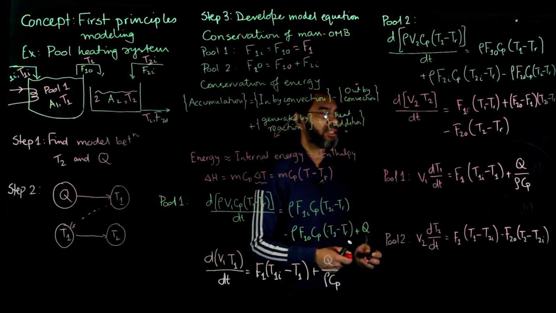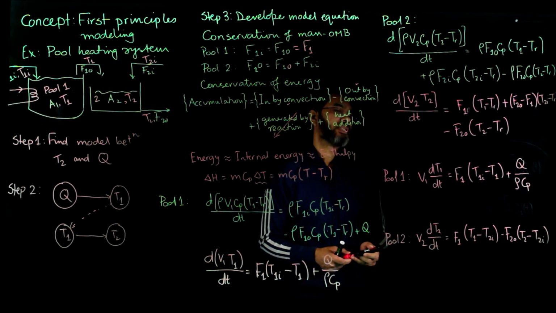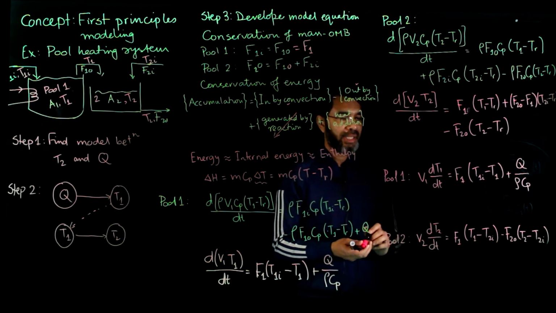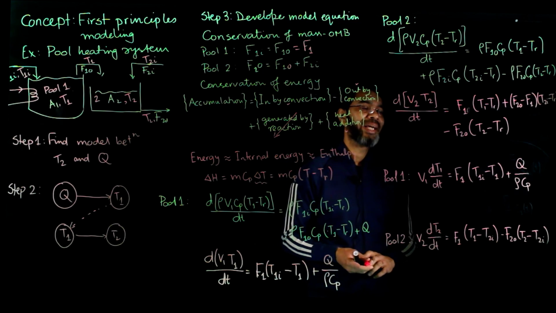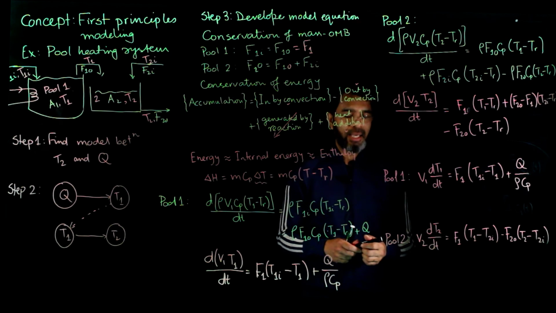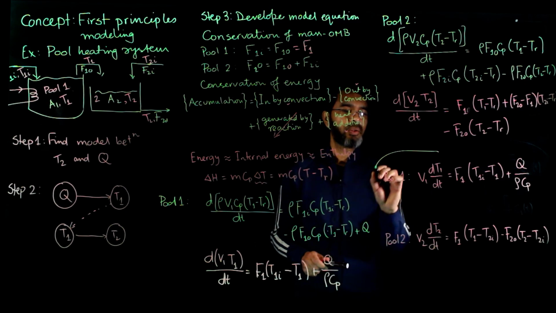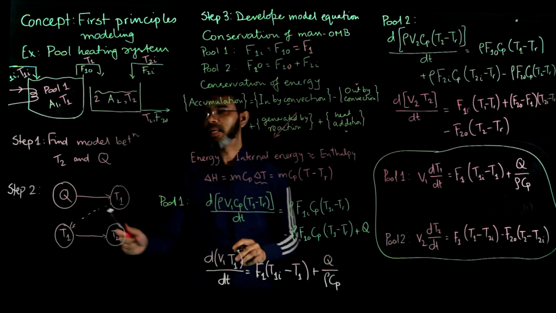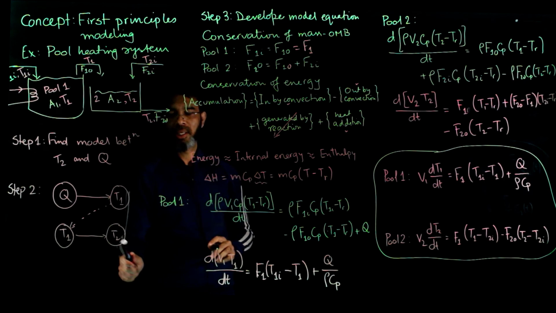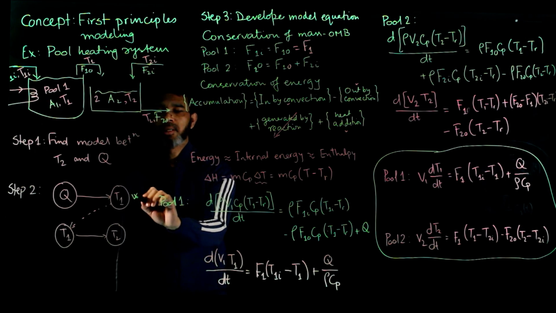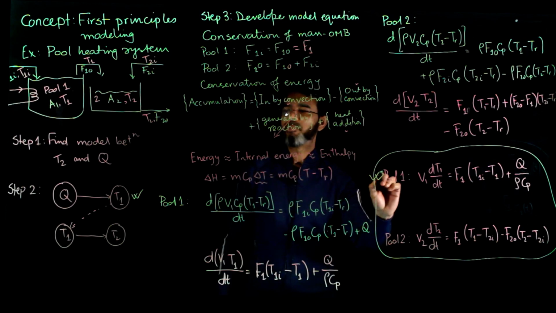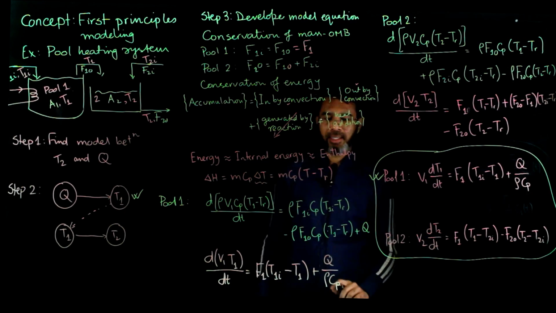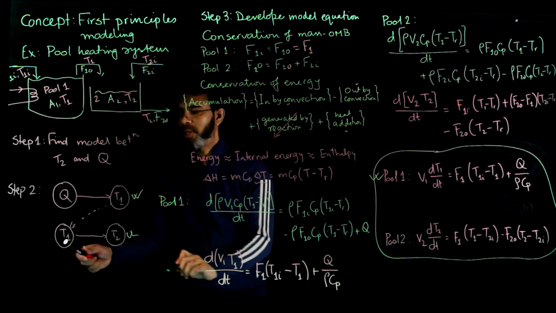So see that this is a more general form, but that is not the exact standard form that we will be using. We will see in the next few lectures how to standardize this equation, but together these two formulate the model equation relating Q to T2. Here again you see we have the relation between Q and T1 by this equation, and the second equation is T1 to T2.